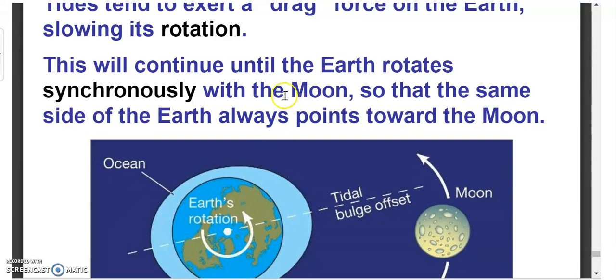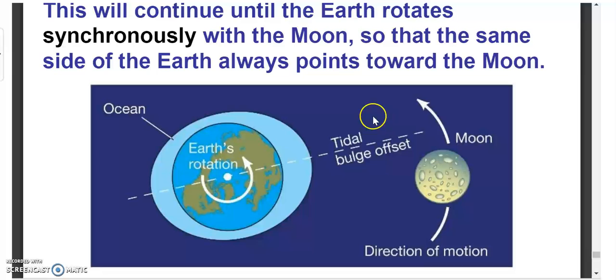All right. The other thing is that the moon rotates in what's called a synchronous fashion. One side of the moon always faces the Earth.